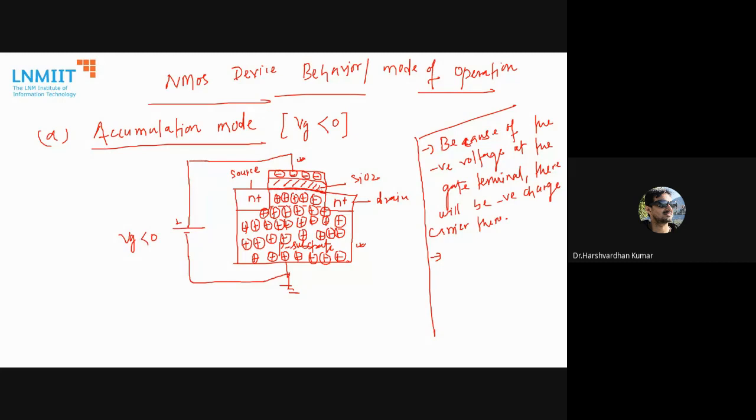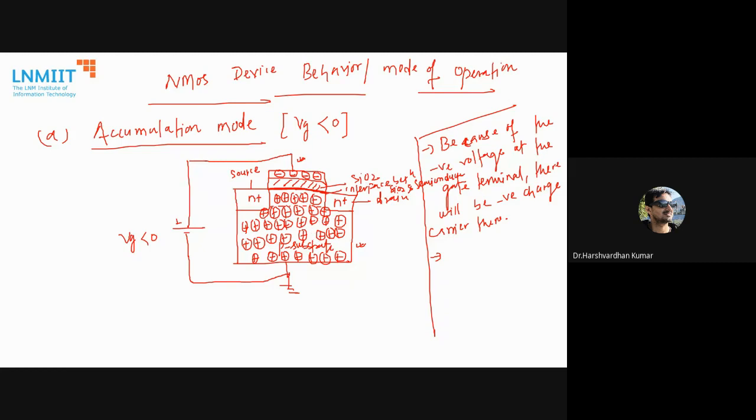Is there any doubt? This will act as an interface layer, right? This is known as the interface between SiO2 and semiconductor. Here there will be negative charge carriers, and in the p-type substrate the charge will be positive.